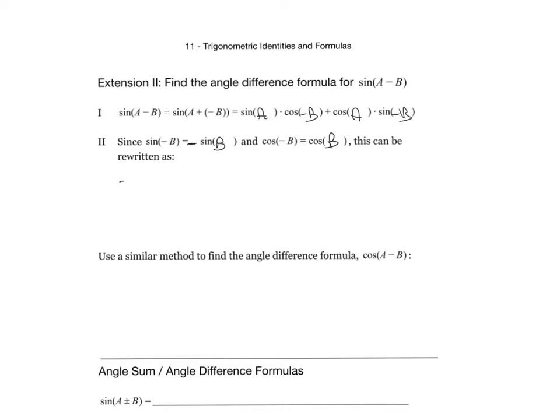So we're going to get sine of A minus B equals sine of A. And now cosine of negative B turns out to be just plain old cosine of B. And we're adding.